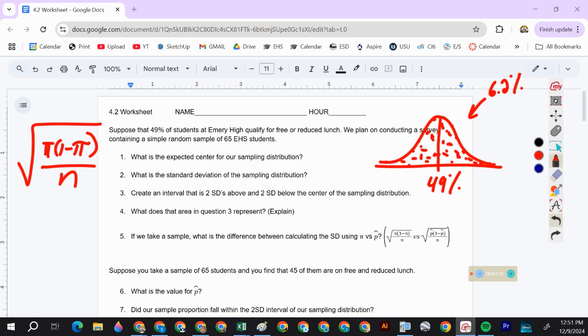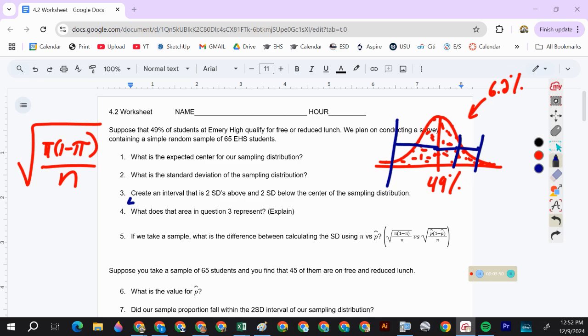Okay, so create a 2 standard deviation above and 2 standard deviation below interval. So I want to go over 2 standard deviations here and 2 standard deviations here.